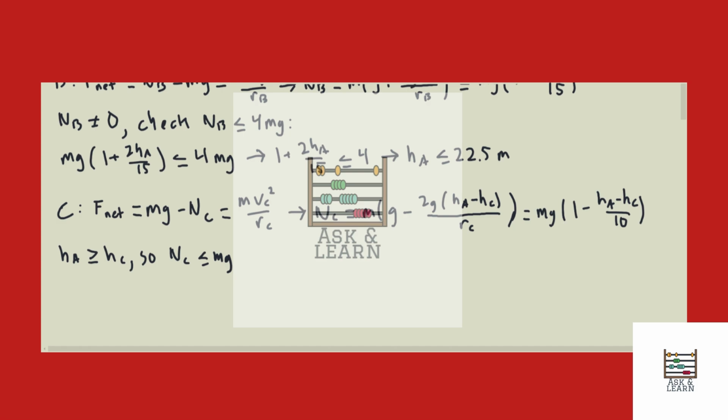So we don't need to worry about the upper case. Our normal force at C cannot equal 4 mg, but we want to check the case where our normal force at C is equal to 0, and we do not want it to be equal to 0.